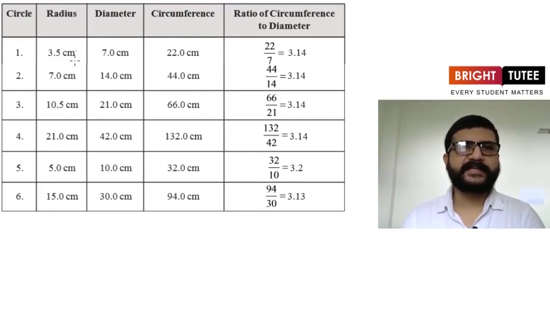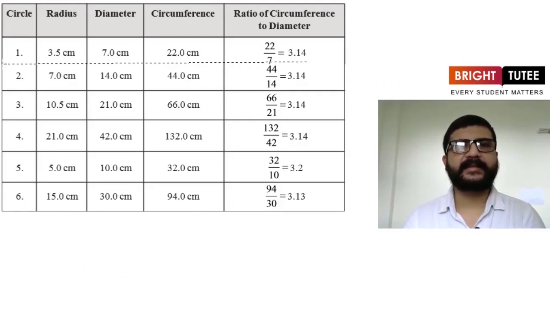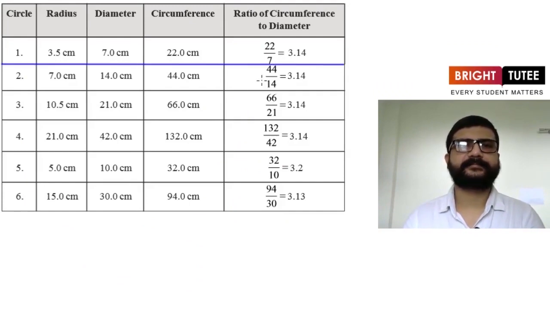Now let's try to observe this table carefully. Here we are having 6 different circles and their radius is given, their diameter is given, and their circumference is also given. So see the first circle, radius is 3.5 centimeters. So diameter will be twice of the radius.